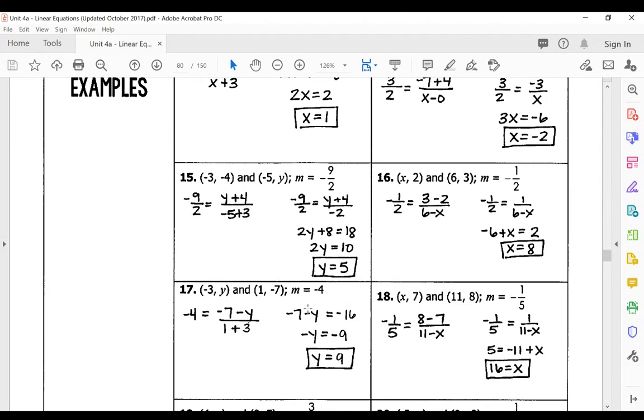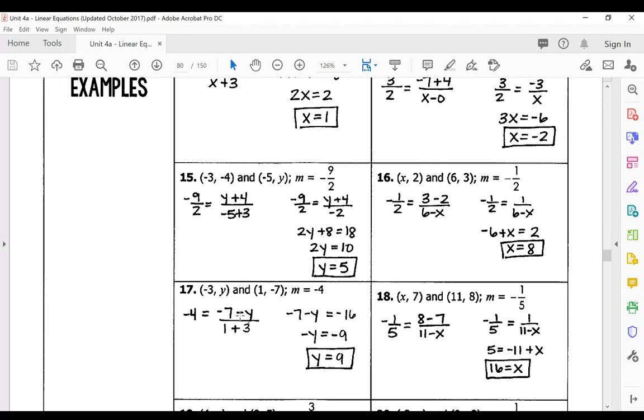For number 17, my slope is negative 4. Once again, think of this as negative 4 over 1. I plug in the numbers negative 7 minus y over 1 minus negative 3, which is, of course, 1 plus 3. When I cross multiply, on one side, I'm multiplying this invisible 1 underneath the negative 4 times negative 7 minus y.